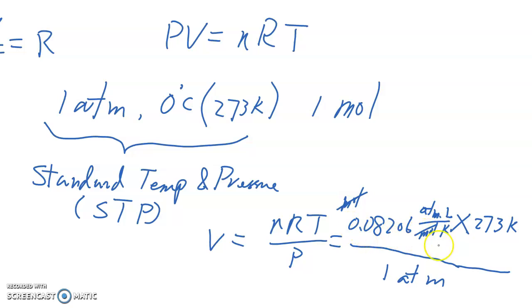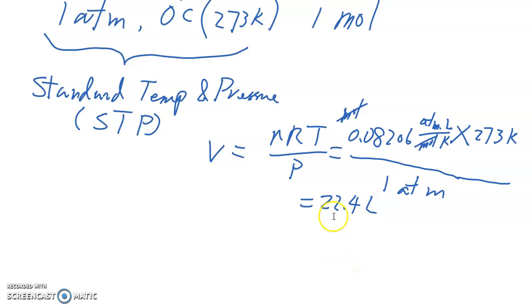Okay, for 1 mole of any gas, if I do the calculation, what I find is it is equal to 22.4 liters. That means for any gas, regardless of molecular weight, under the STP condition, 1 mole would take exactly 22.4 liters.